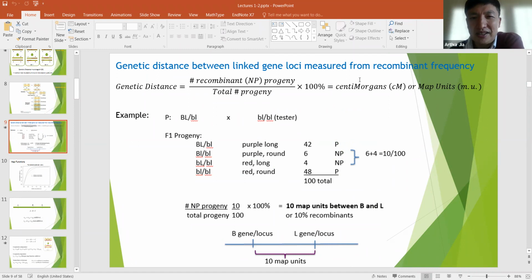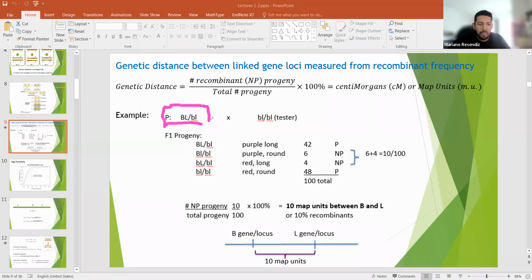Basically, we need to carry out some experiment, for example, a backcross design or F2. Here, oh, this is the test cross, sorry, this is not F2. This is the test cross, right?